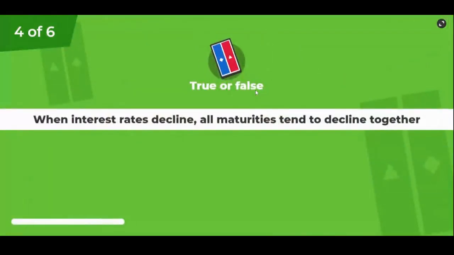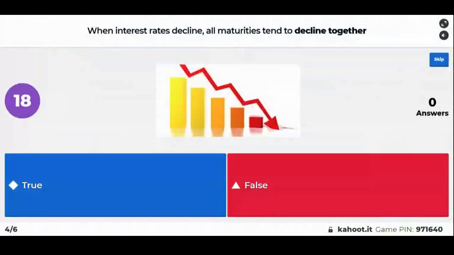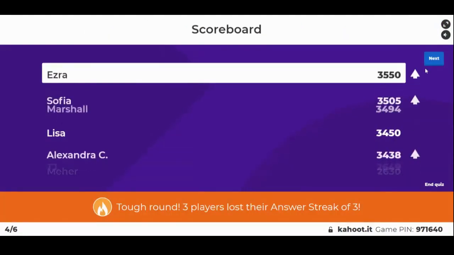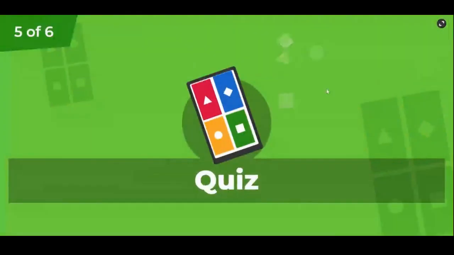Marshall is in the lead. When interest rates decline, all maturities tend to decline together. Is that true or false? It's true. Remember, the yield curve tends to move up and down as one.